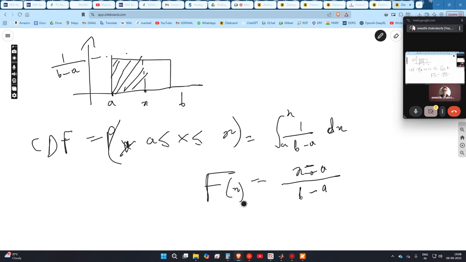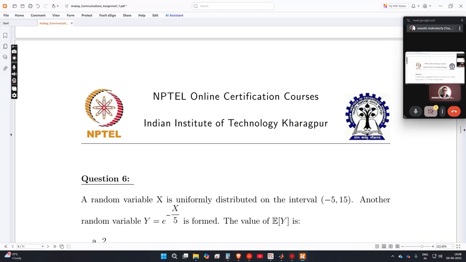So at any point x, the probability that a second point will lie to the left of that x is x minus a by b minus a. Now, with that knowledge in hand, we will proceed.